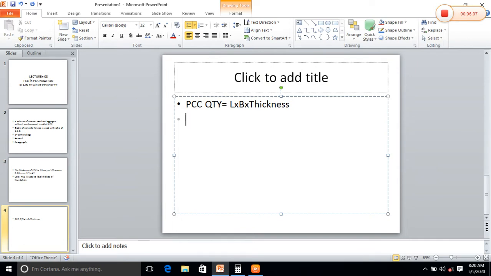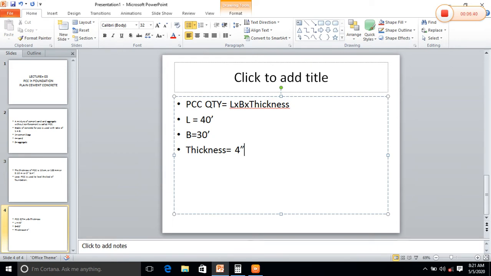Let's take an example. Length is equal to, for example, 40 feet. B is equal to 30 feet, and thickness is equal to, let's take 4 inches.